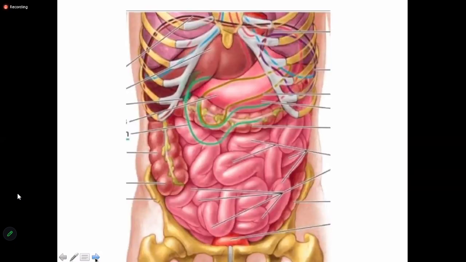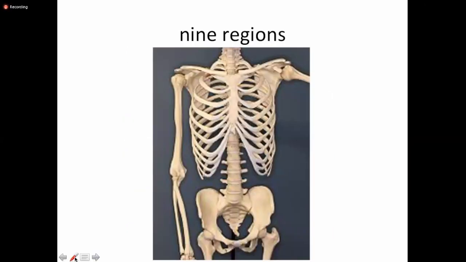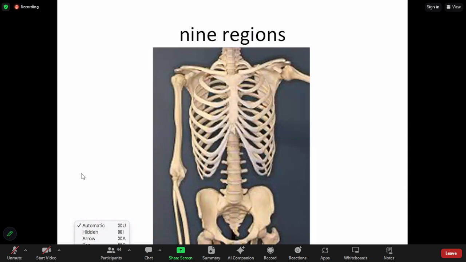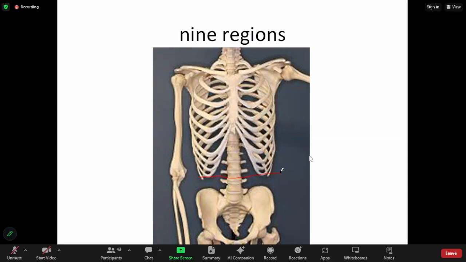So then, be familiar with these 9 regions of the abdomen. You have the subcostal margin, and that subcostal margin is at which level?